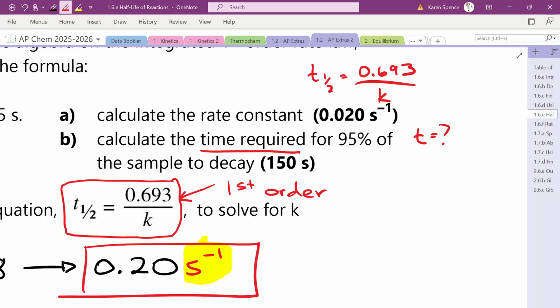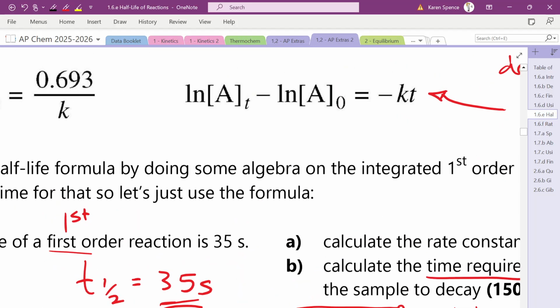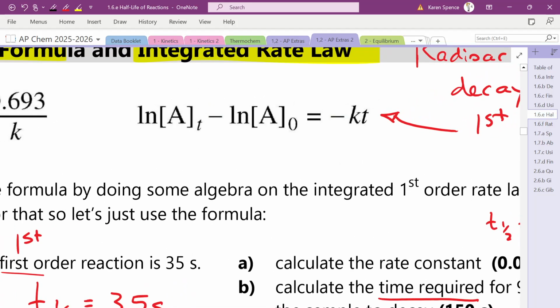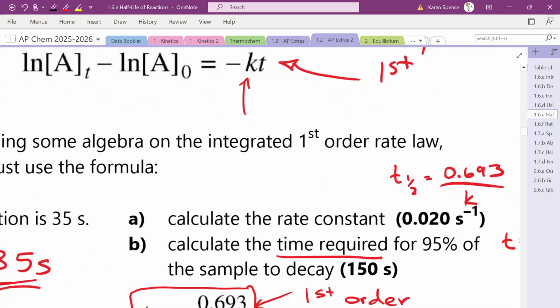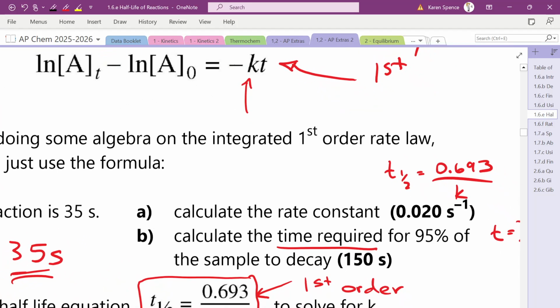We should use our integrated rate law. And if we look at our integrated rate law for this one, well, we've got k already, right? We just solved for it. We've got half-life. Yay. Or no, we don't have t. We don't have time because we're not looking at our half-life. We're asking for the time, the actual time, not the half-life time.